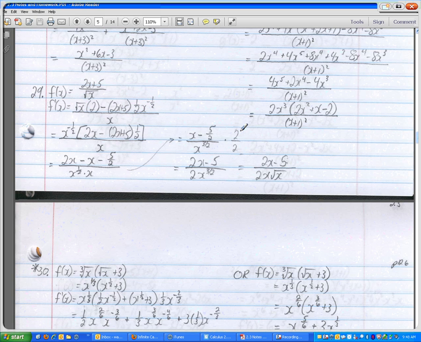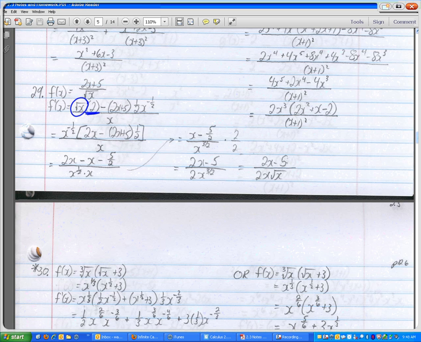Quotient rule: f prime of x equals the bottom, square root of x, or x to the 1/2, times the derivative of the top. The derivative of 2x plus 5 is 2, minus the top, 2x plus 5, times the derivative of the bottom.